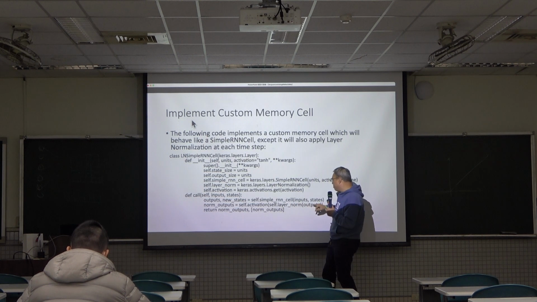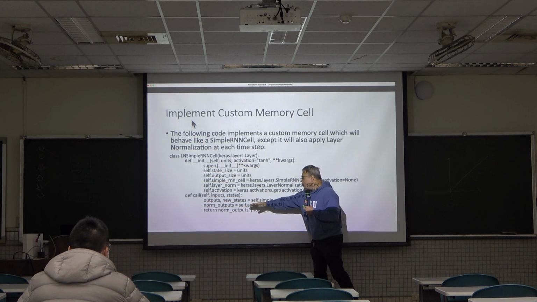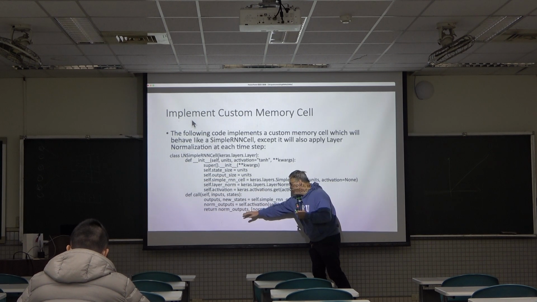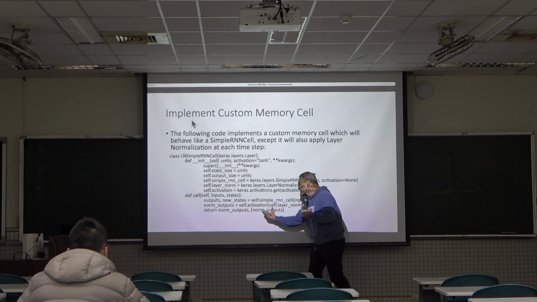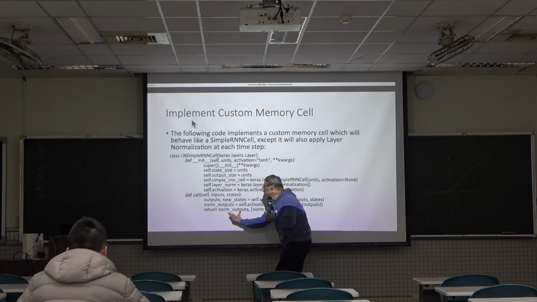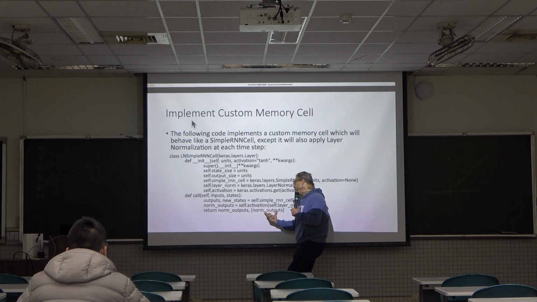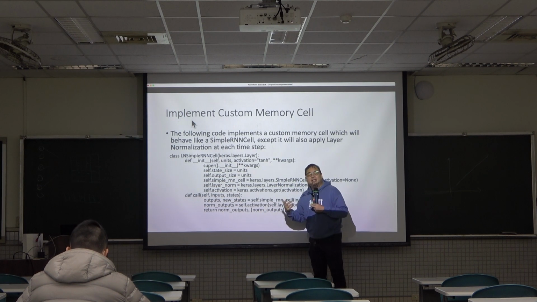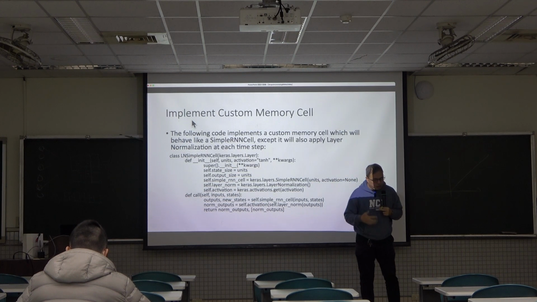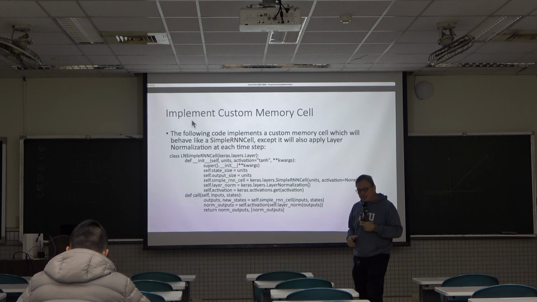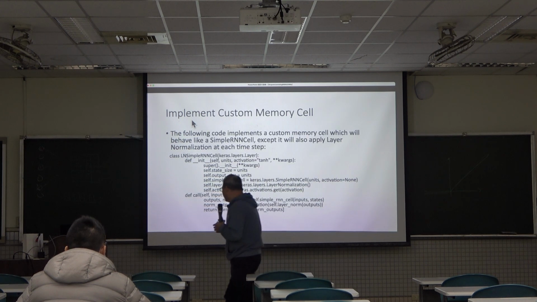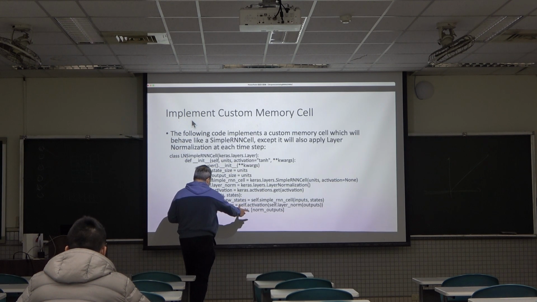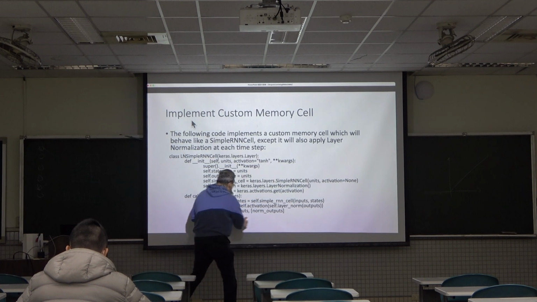So then we apply the layer normalization first before we apply the activation function. And then we just output the same thing twice. The first one is used as the output, the second one is used as the state. The state is actually a list because, in general, the RNN cell can have more than one state. That is why it is a list instead of just one value.